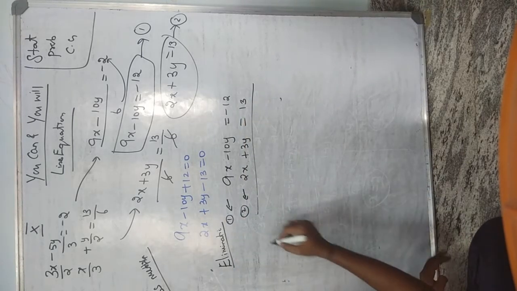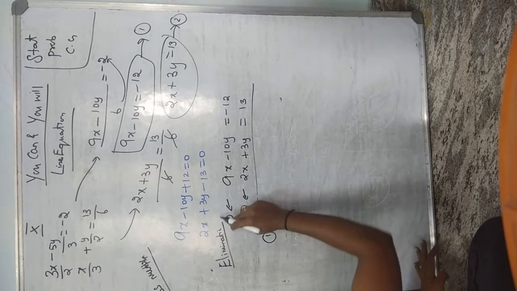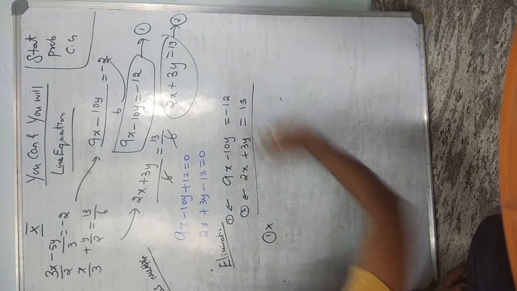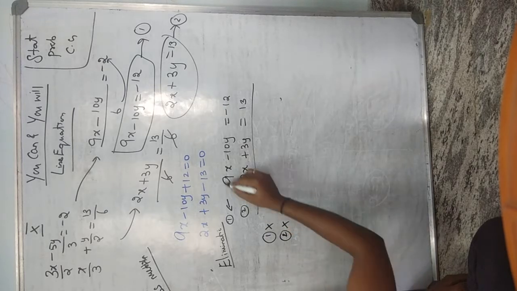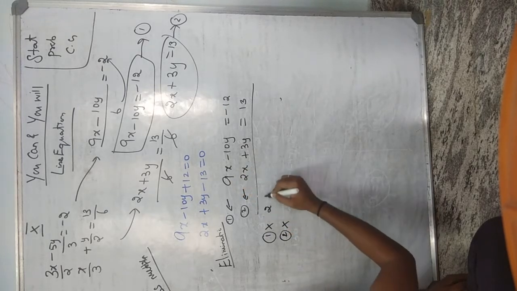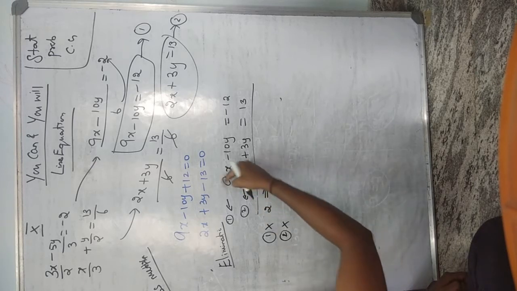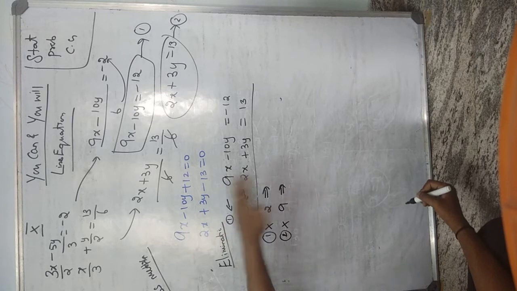I repeat, the first equation is multiplied by 2 and the second equation by 9. Shortcut: first equation, multiply all by 2; second equation, multiply all by 9.